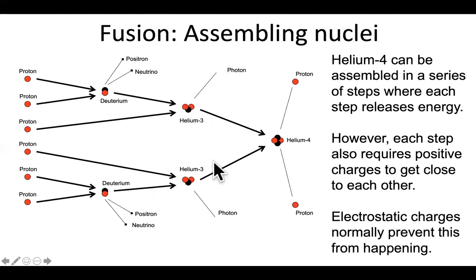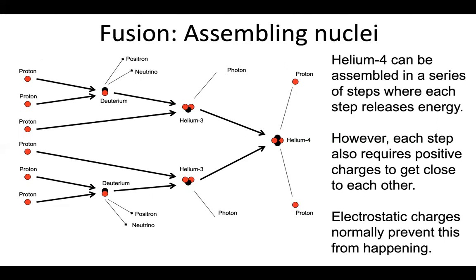Then you take 2 of these helium-3 atoms, slam them together, and you get 2 protons, 2 neutrons, helium-4, and 2 of the other protons fly out. Every single one of these steps results in a reduction in mass, and so releases energy, caught mostly into the motion of these particles. So it is possible to assemble hydrogen into helium in a stepwise way, each step of which releases energy.